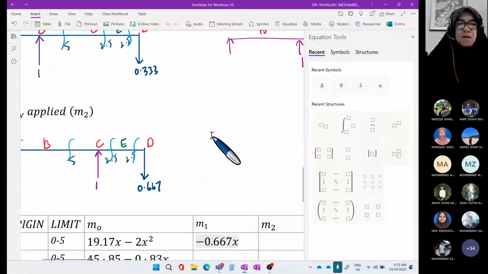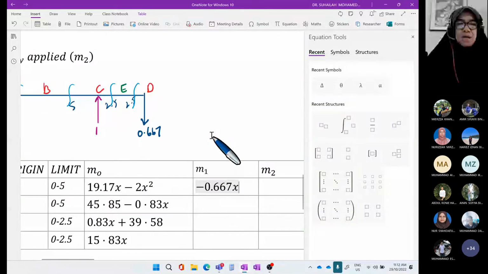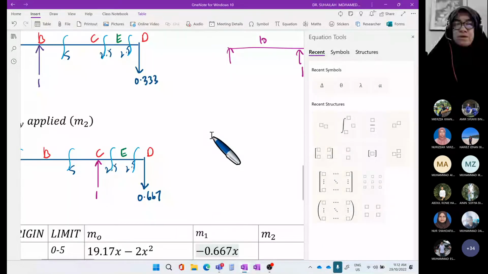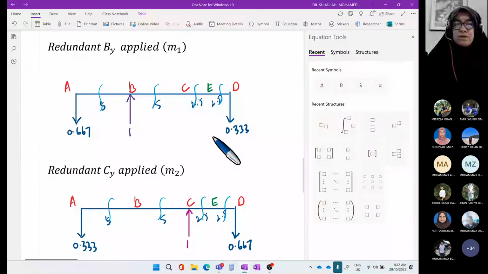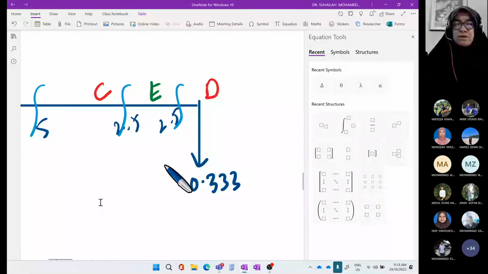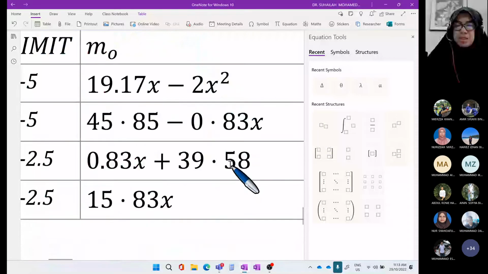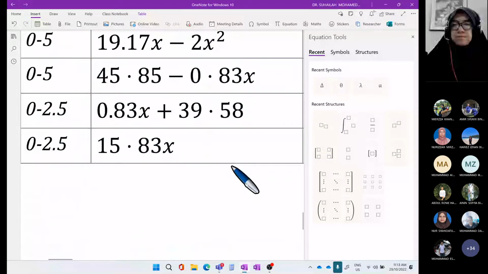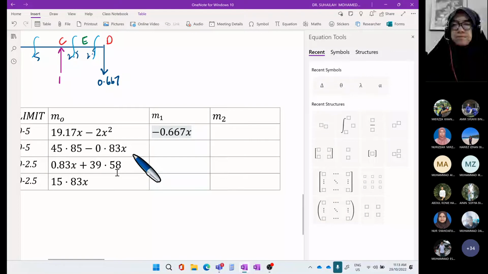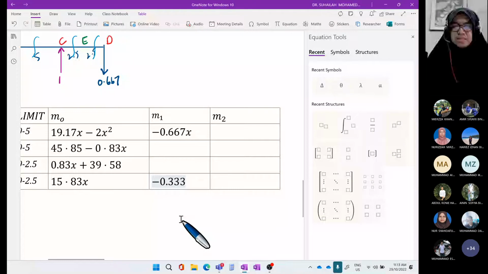Okay. And for DE ni, it is negative 0.333. Please check whether it is correct or not. Please check.